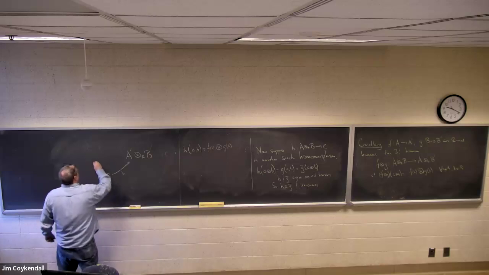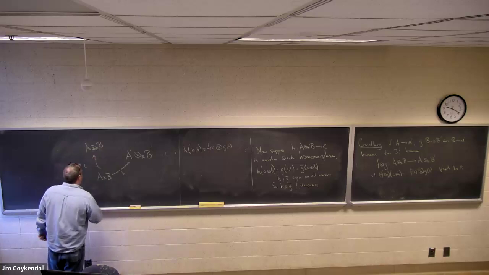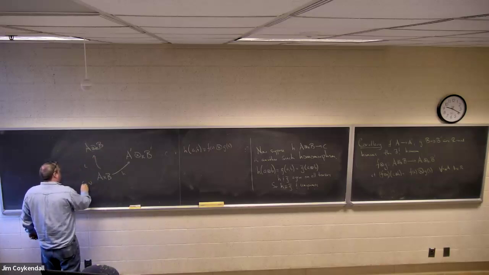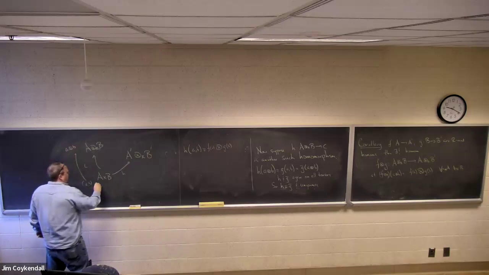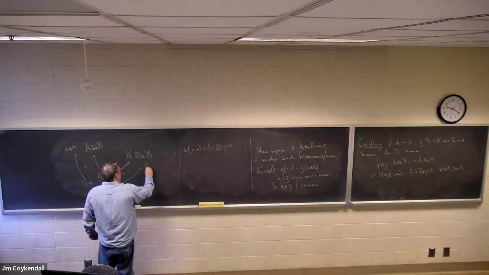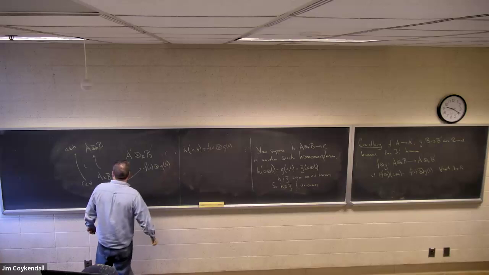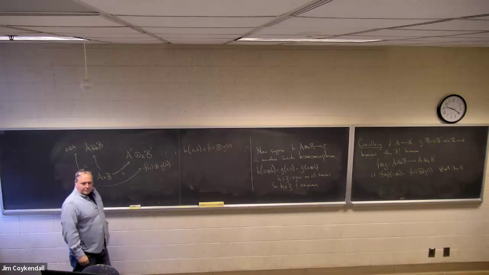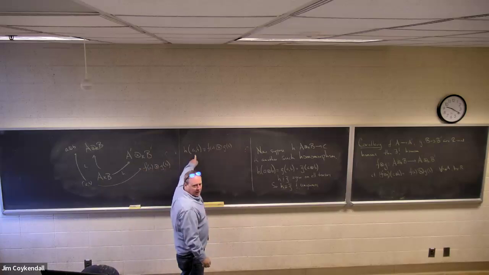Here's my canonical map where I have A, B to A tensor B, and this goes to... I guess really if I'm being Mr. Good Professor, I should probably do this.